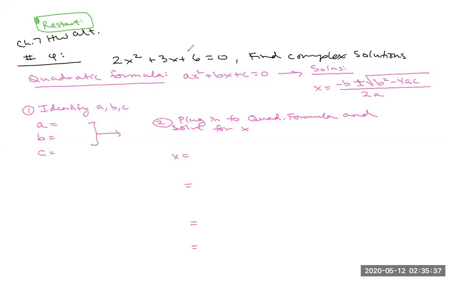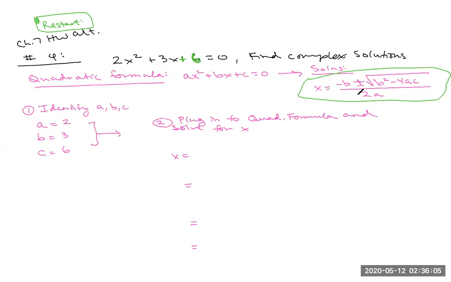Okay, so this should have been a +6. I put a minus above. So none of this has changed. Your quadratic formula is still going to be the same right here. You're going to start off the same way, identify your A, B, and C. My A is 2, my B is 3, my C is 6 though, not -6.